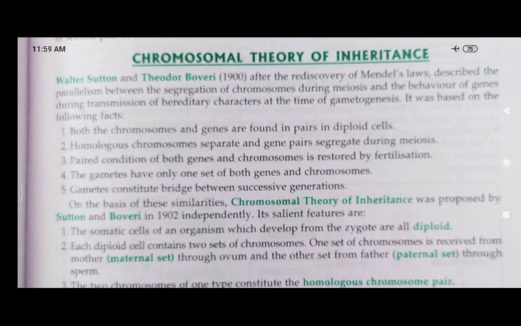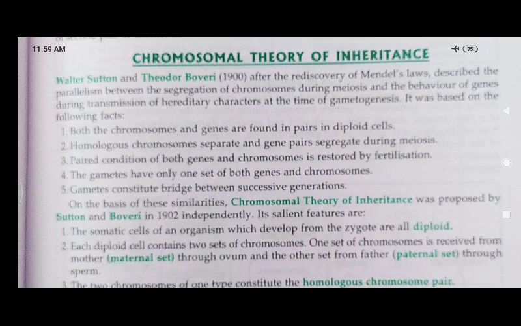The paired condition of both chromosomes and genes is restored after fertilization. You got this idea during meiosis, while studying sex determination in human beings. So on these observations, they proposed the chromosomal theory of inheritance.